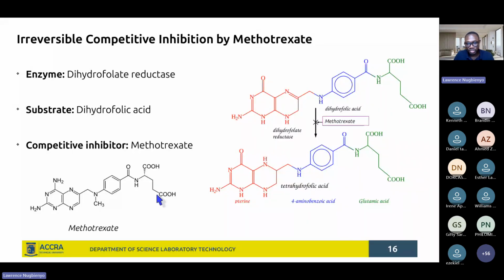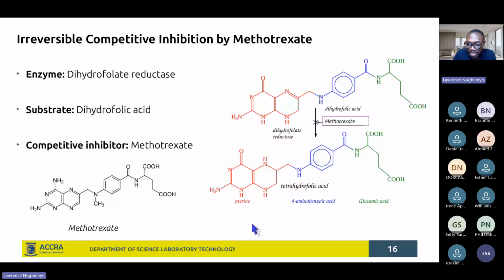So you see, there is that similarity in structure, and so they can act as competitors. You have methotrexate acting as a competitor to dihydrofolic acid, competing for the conversion of dihydrofolic acid to tetrahydrofolic acid.